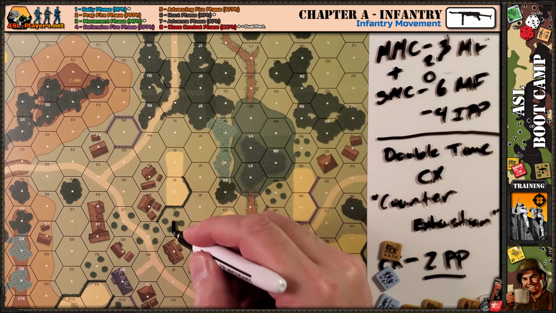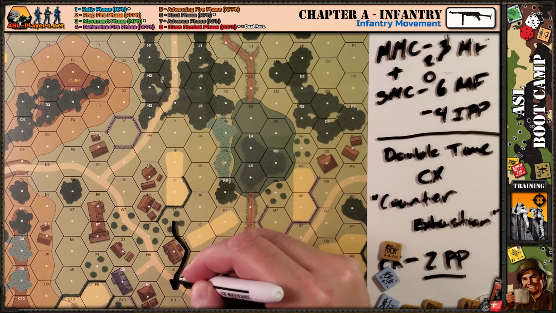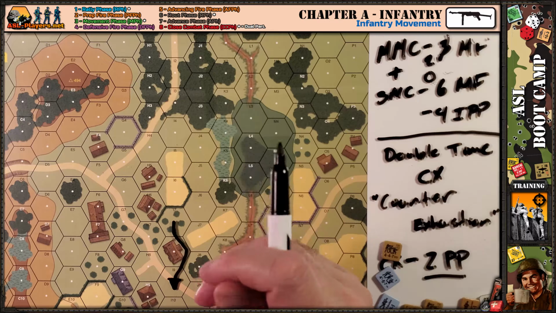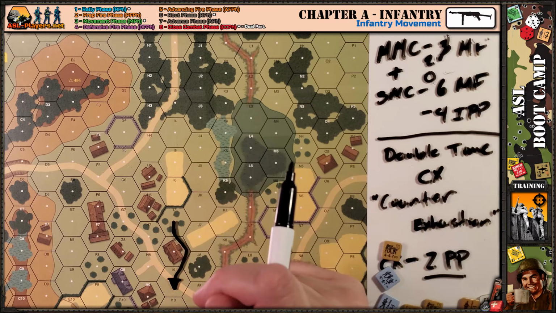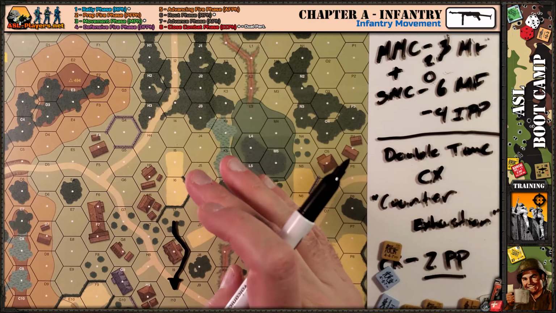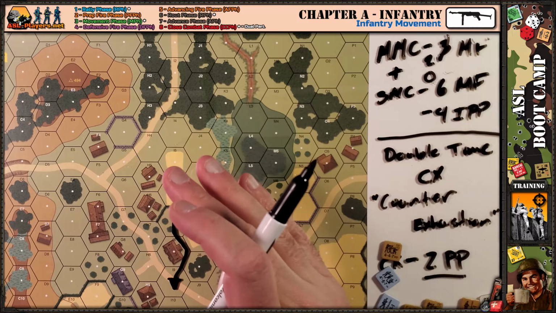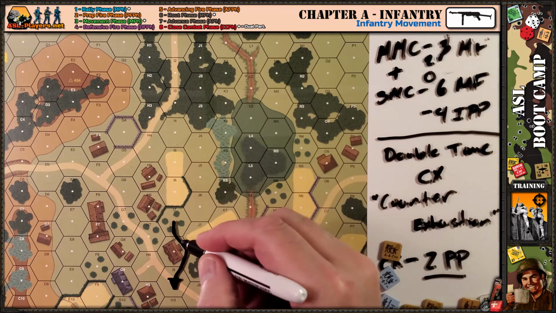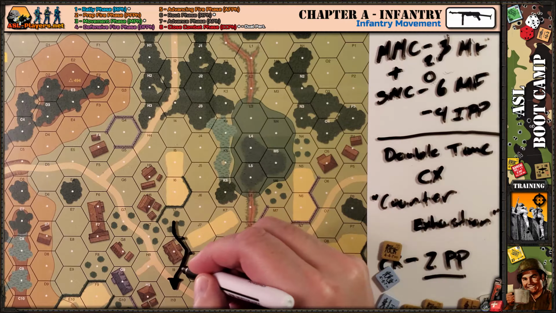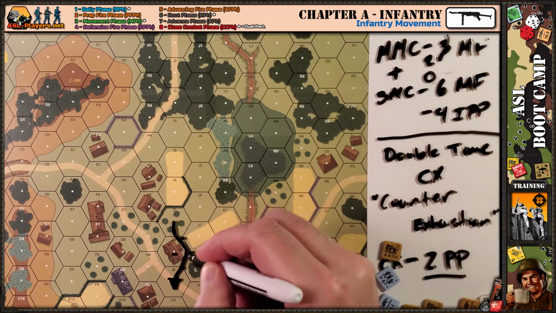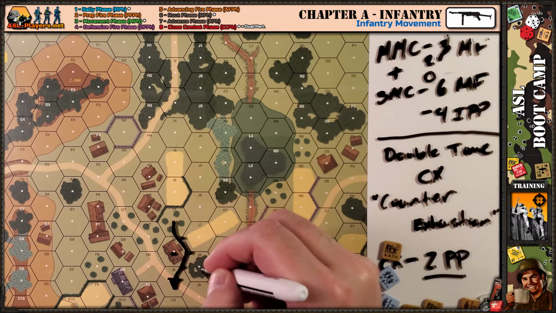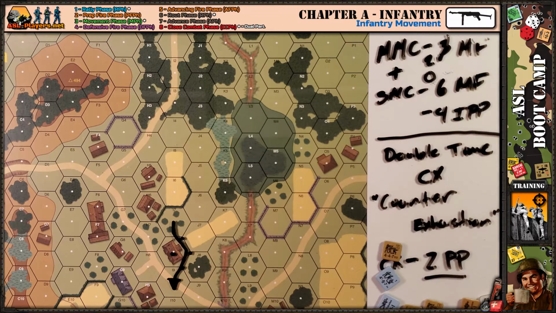I don't have to go through the building. I can go around it, and it costs me less and I can move farther. But there are a lot of line of sight implications and defensive fire implications with that, involving line of sight to vertices instead of line of sight to center dots. So we'll get into that next time.